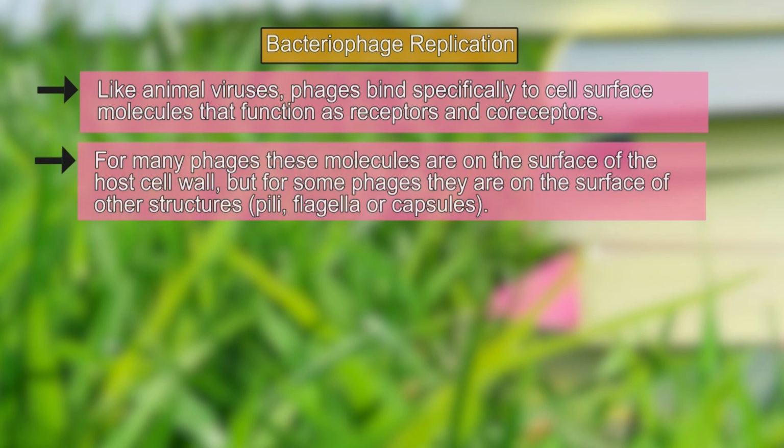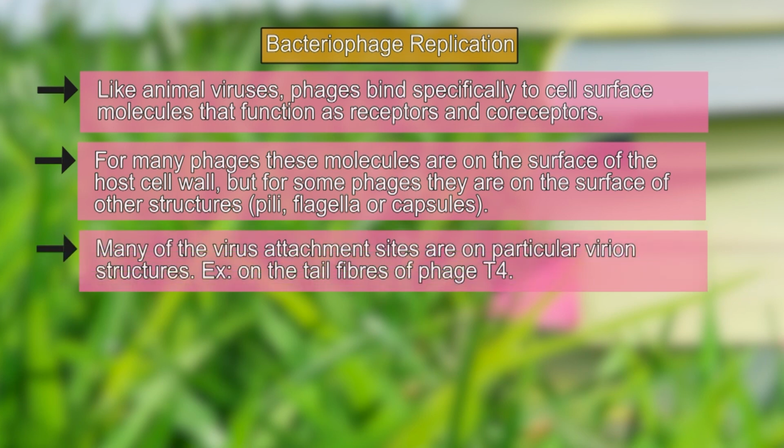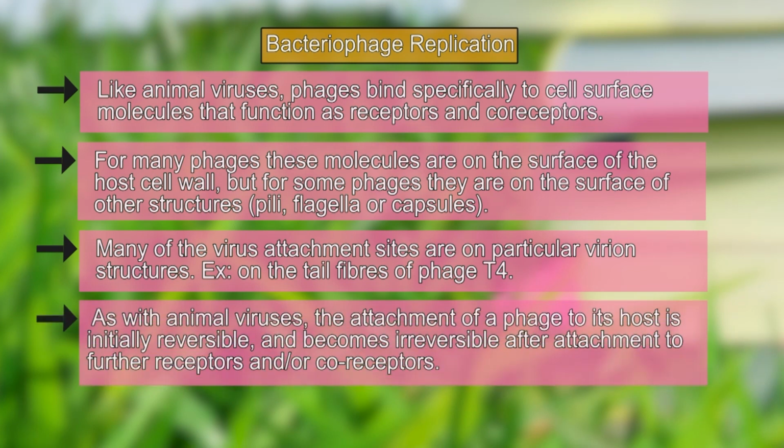For many phages, these molecules are on the surface of host cell wall or on other structures like pili, flagella or capsule. Many of the virus attachment sites are present on the viral tail fibers like the T-even phage, that is T4 phage. As with animal viruses, the attachment is first reversible and then ultimately becomes more stable and irreversible.